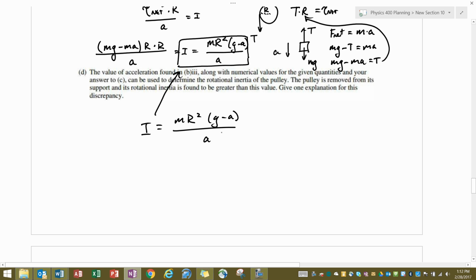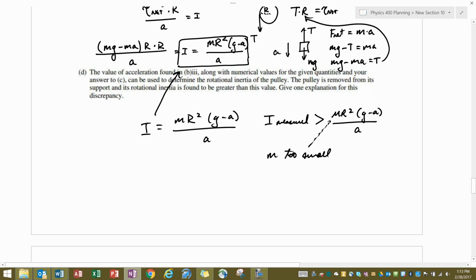So if the measured I, meaning like we take the pulley off and we set it on a scale and we find its mass and we find its radius, what we get from that is greater than this quantity, m R squared times g minus a over a, which would be our moment of inertia determined from this experiment. Well, it means that the m that we're using in there is too small.